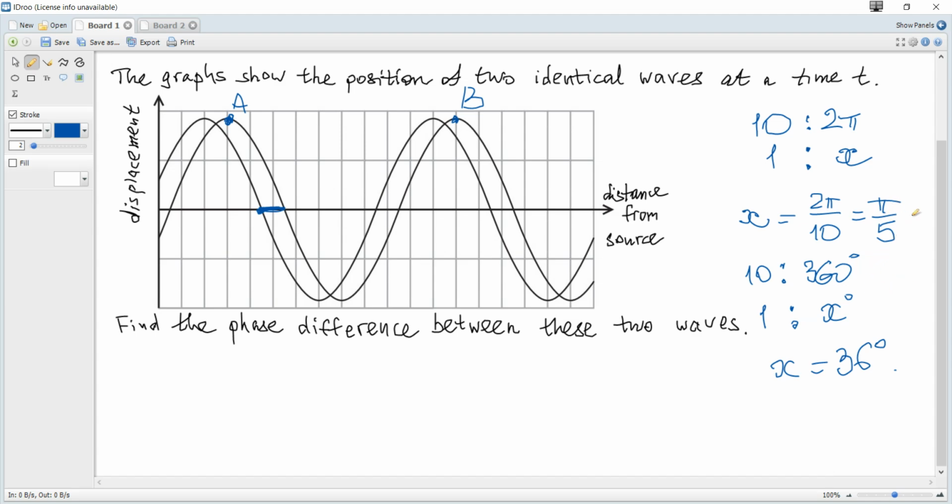So it's pi over 5 in radians or 36 in degrees.